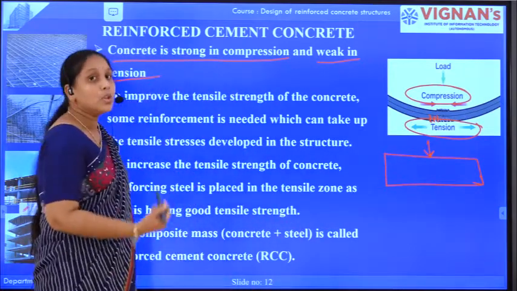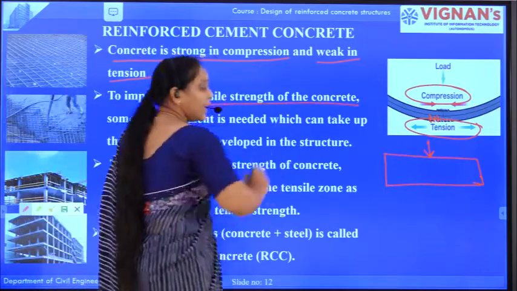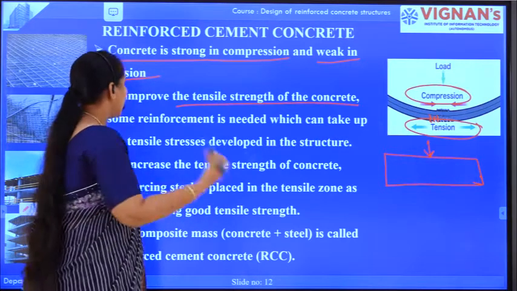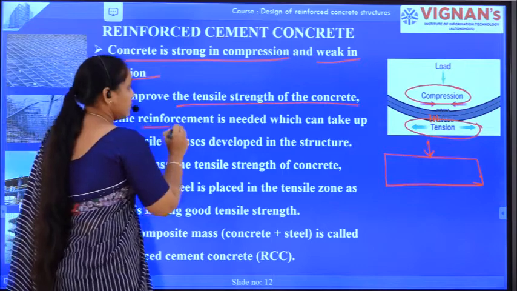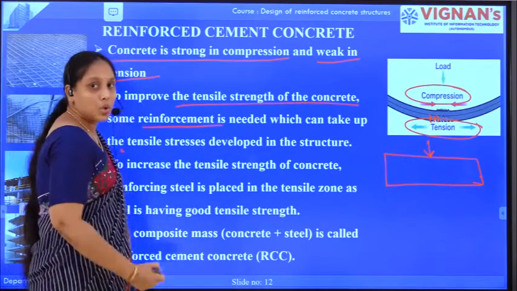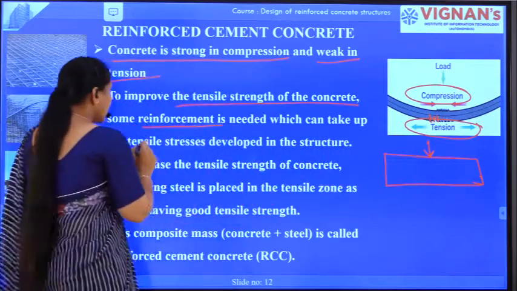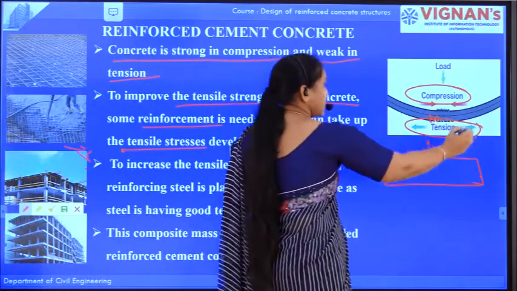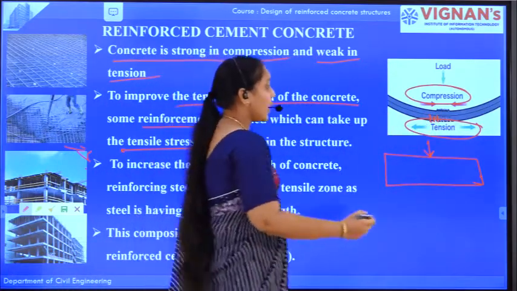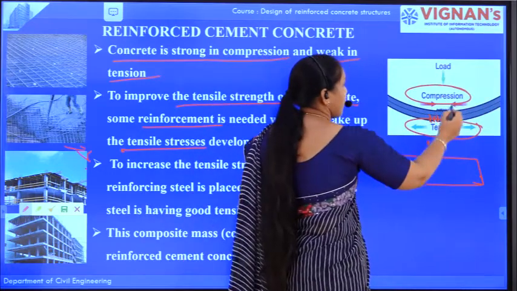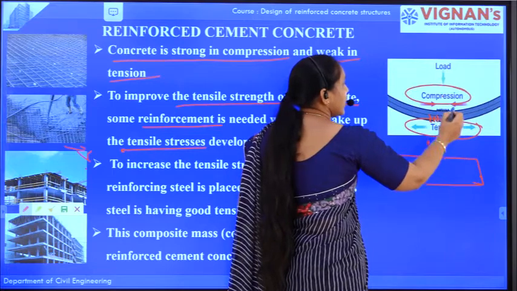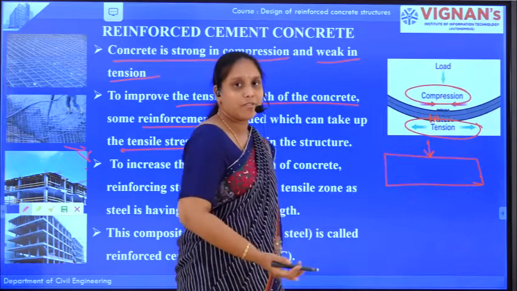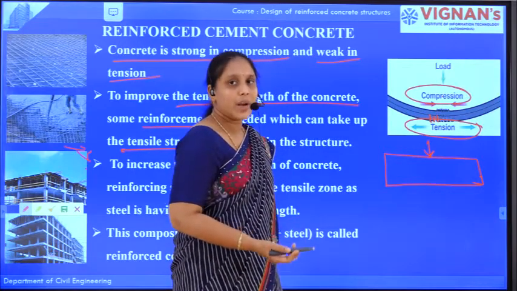So to improve the tensile strength of the concrete, what do we have to do? We have to provide some reinforcement so that the reinforcement will take all the tensile stresses which are developed in this structure. Because if load is applied, here it is compression and tension. In the compression zone it is okay, but in the tensile zone it is producing cracks so that the plain cement concrete beam might fail.